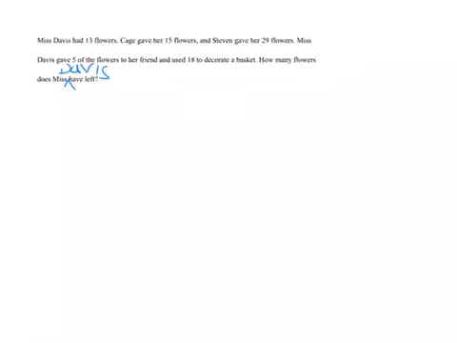All right, so step 1. Circle or determine the important numbers. Miss Davis had 13 flowers. Cage gave her 15 flowers. Stephen gave her 29 flowers. Miss Davis gave 5 of the flowers to her friend and used 18 to decorate a basket.